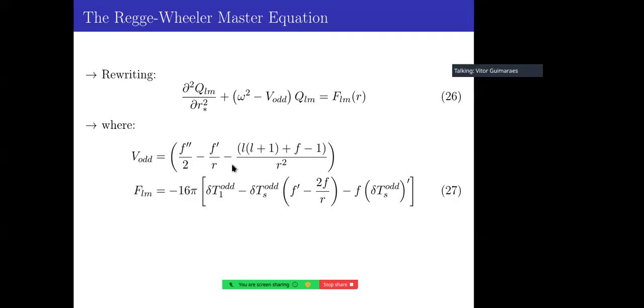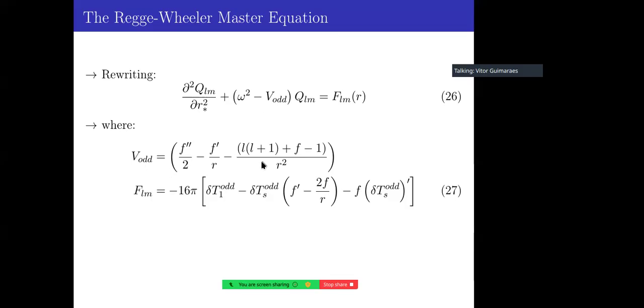In such a way that if we look at this far away from sources, i.e. r equals infinity, you can check that this goes to zero. And what we would have is a free wave, a wave propagating freely without a potential.